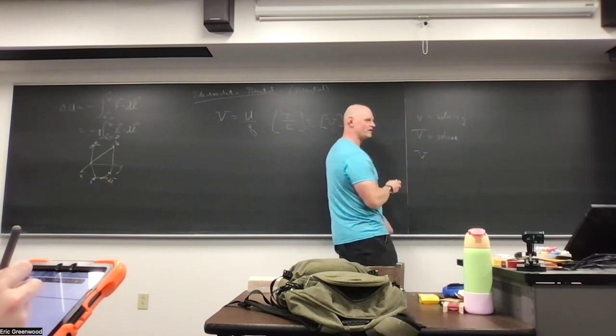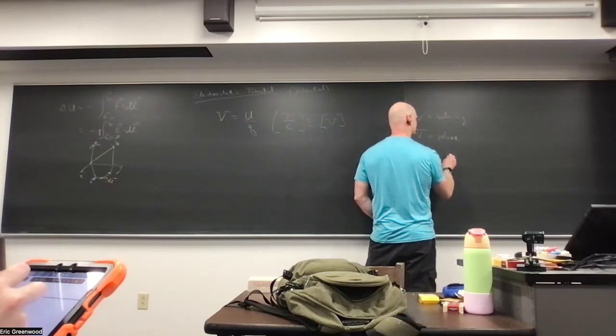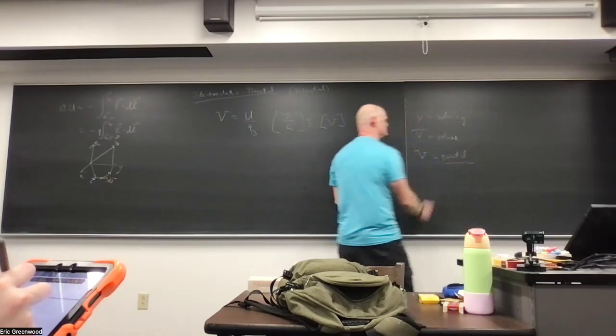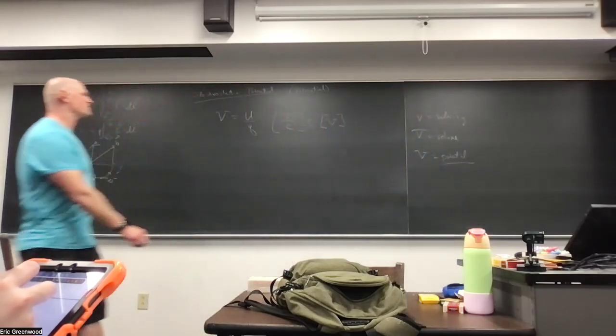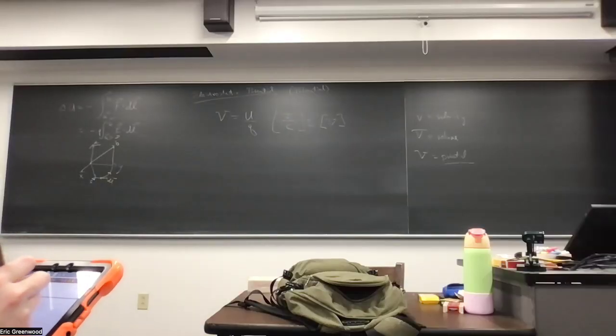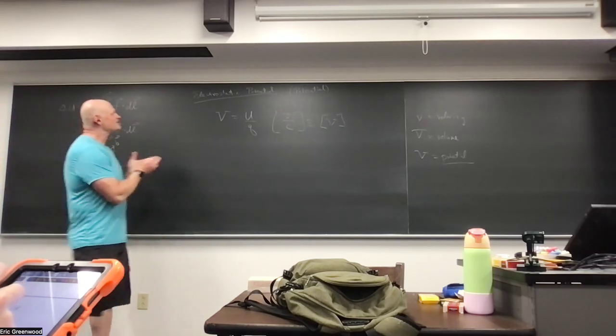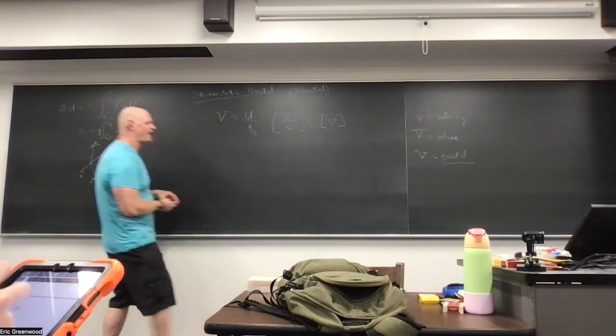And V with two eyebrows is going to be my electrostatic potential. So just so we can distinguish which one is which, whenever you see two lines on top, that is my electrostatic potential. At this point, it's convenient to define this quantity.